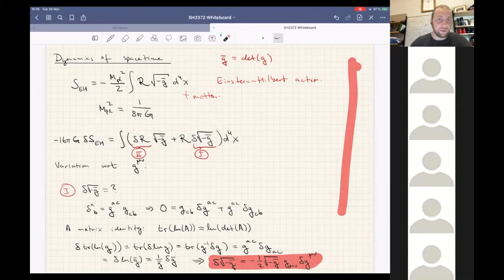Well, first of all, we need to reproduce Newtonian gravitation in some certain limit. So that's what we will do today.